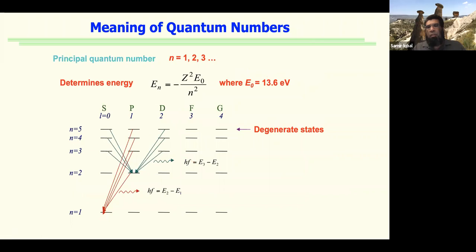Now, if you talk about the principal quantum number, we know there are energy levels, energy states. If a particle goes from a higher energy state to a lower one, like shown here with the dark green lines, a bunch of particles may be jumping from n5 or n4 or n3 and coming to n2.